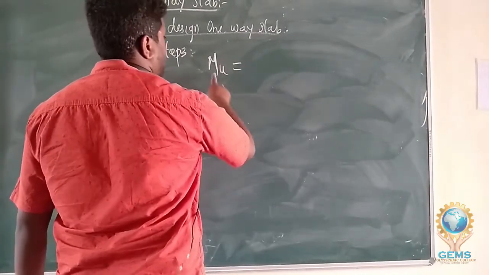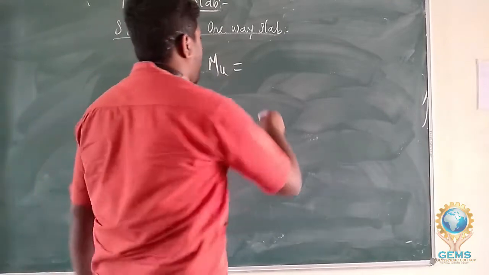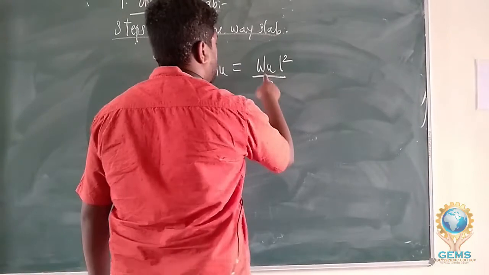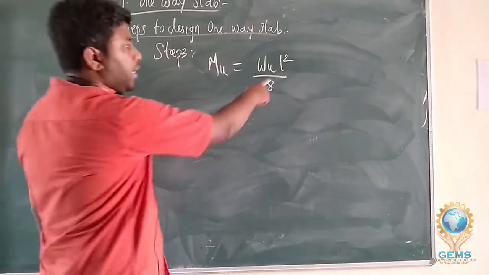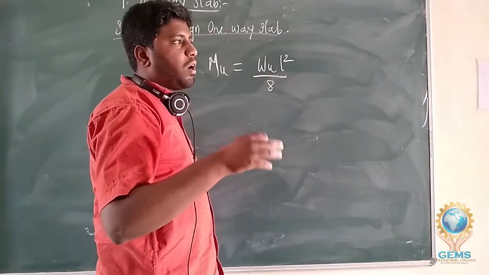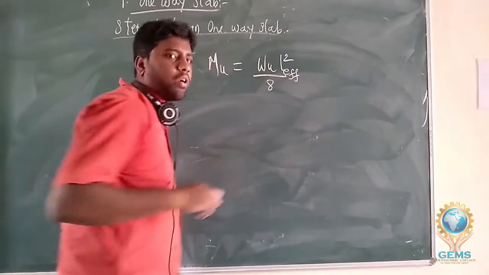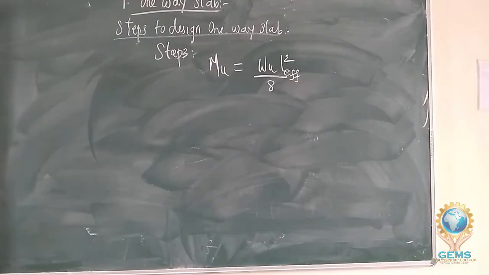Bending moment MU is equal to WU L square by 8. W is nothing but the factor load. Here this L is not the common length, it is the effective length, L effective, by 8. So this is your step number 3.